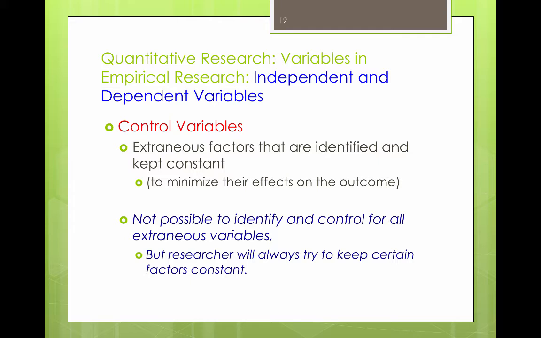There are control variables, which are extraneous factors that are identified and kept constant so as to minimize their effects on the outcome. It is not possible to identify and control for all extraneous variables, but researchers will always try to keep certain factors constant.